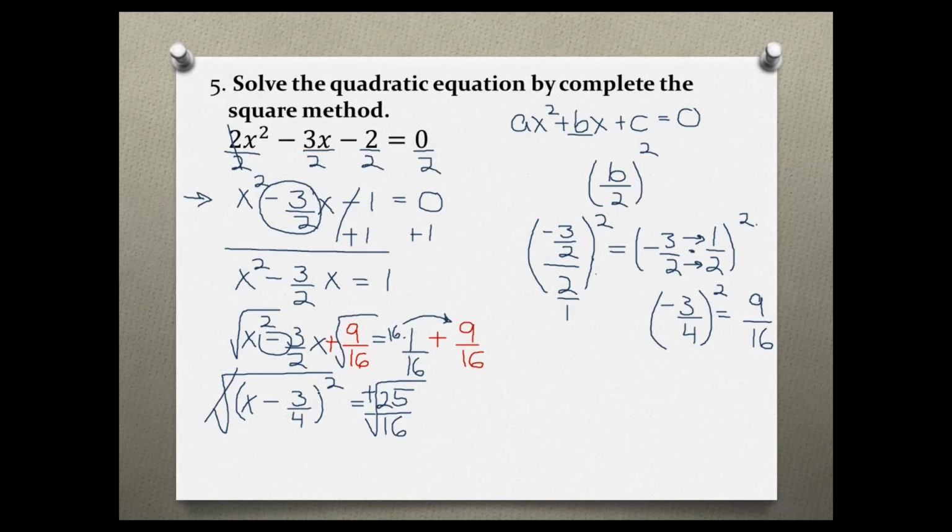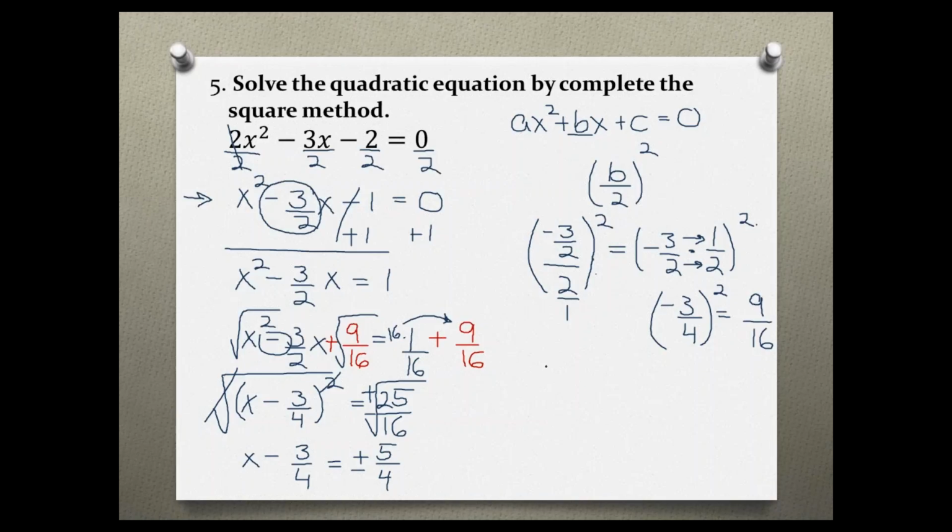On the left side, the square root and the square cancel each other out, so I have x minus 3 over 4. I am able to take the square root of 25 over 16 because both of these numbers are perfect squares. The square root of 25 is 5, the square root of 16 is 4, so positive or negative 5 over 4.